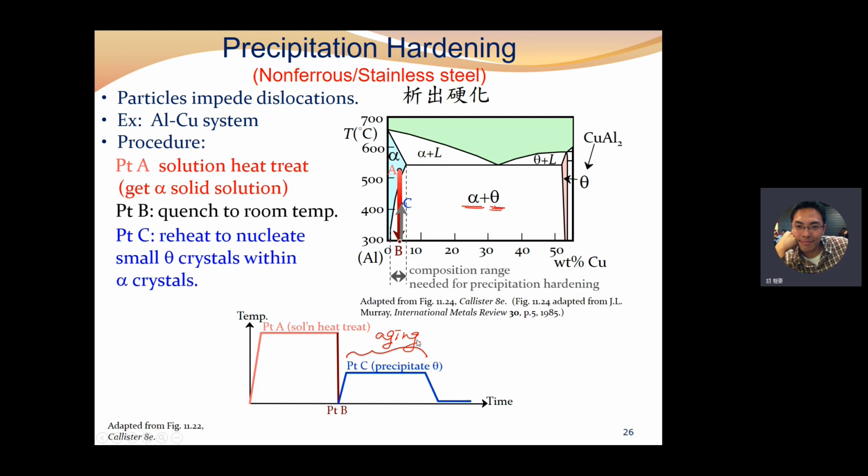The temperature control and aging control dominate the precipitation hardening, and how long the aging lasts will modify the alloy's hardness or its mechanical properties. Other precipitation systems include copper-tin, magnesium-aluminum, and so on.